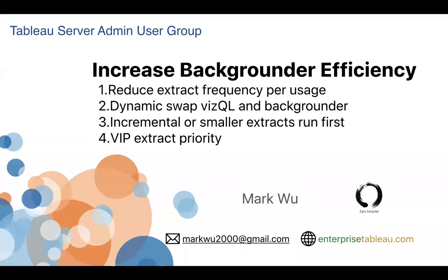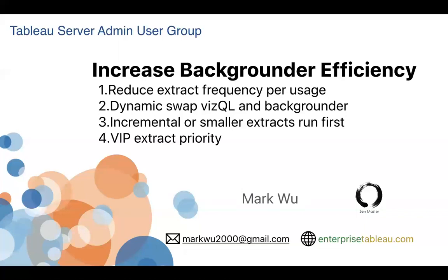Mainly, I'm going to cover 4 things. One is how you can reduce the publisher's extract frequency when the workbook usage is getting lower. The second one is relatively easier, which is dynamically swapping query nodes versus background nodes. And the third one, even easier because it is pretty much an out-of-box Tableau feature, is making smaller or incremental extracts run faster, but it needs some communication work.